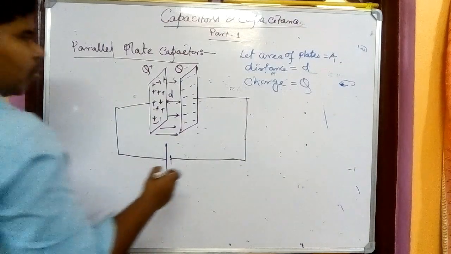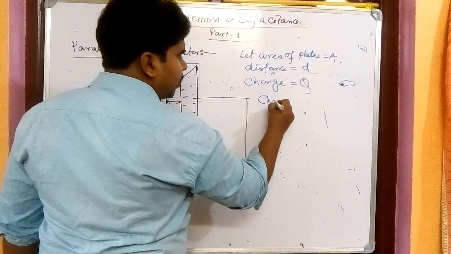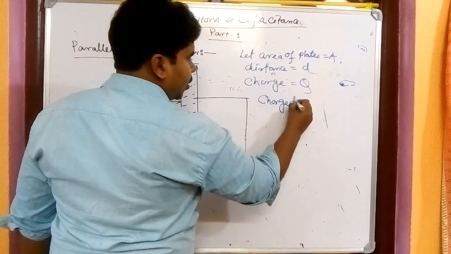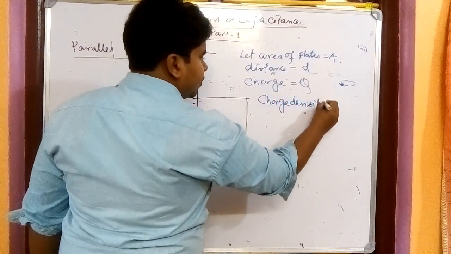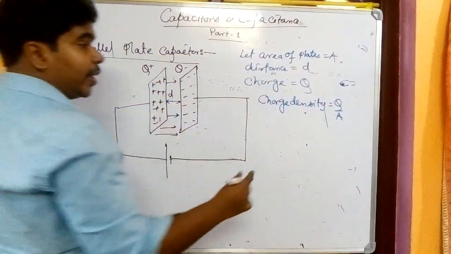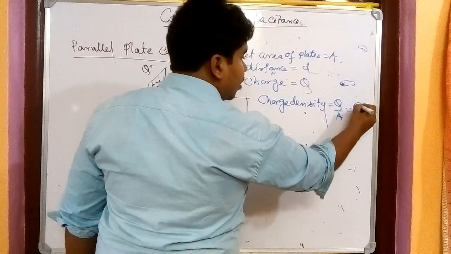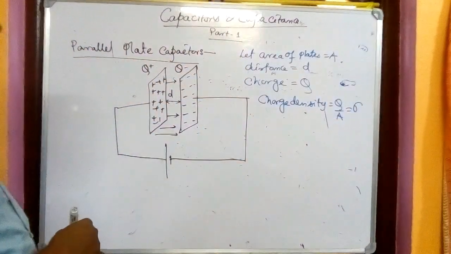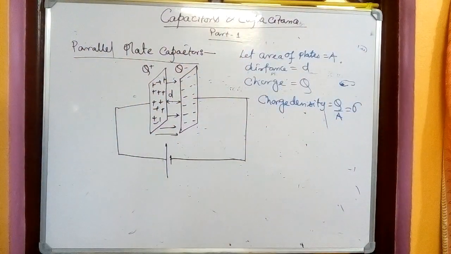If I ask what the charge density should be, that is equal to Q by A, and we know Q by A is denoted by sigma.